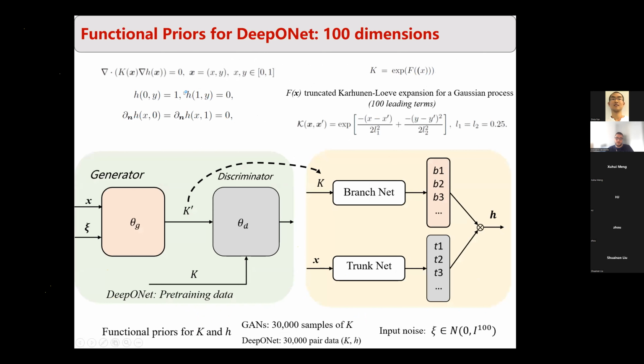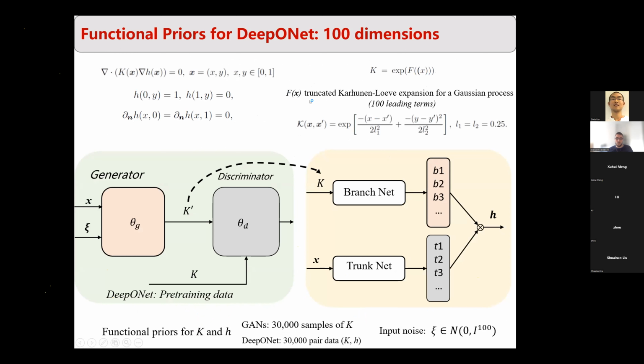In this case, we have a Darcy equation for the flow in porous media. H is the pressure and K is the permeability field.